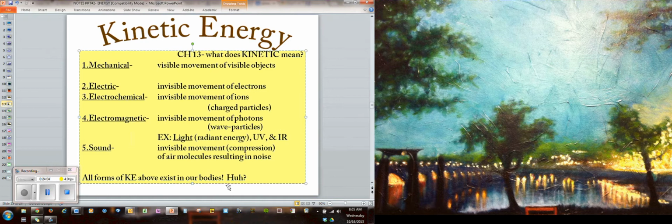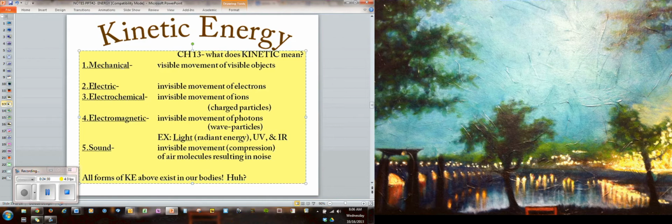All of these forms exist in our bodies. Pause this and just think where you will find these forms for a moment, because I'm going to go ahead and tell you the answer. So pause now. Okay, so where are you going to find these forms? I hope that you know mechanical is pretty much what you do all the time. Every time you open your mouth to speak, blink your eyes, lift your hand, all of that is general movement.